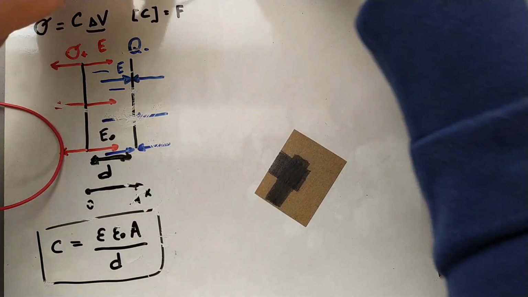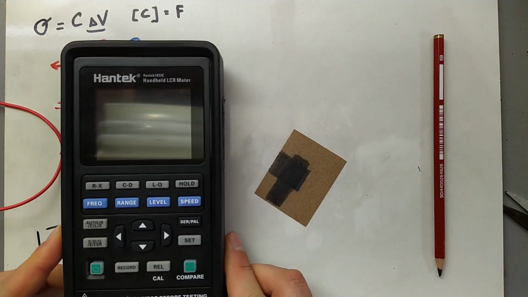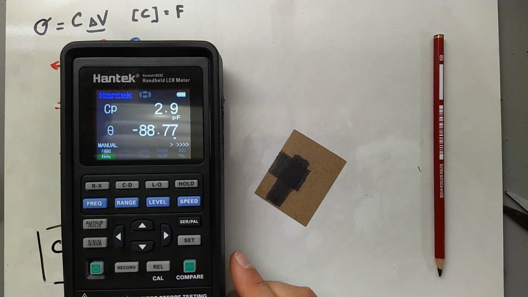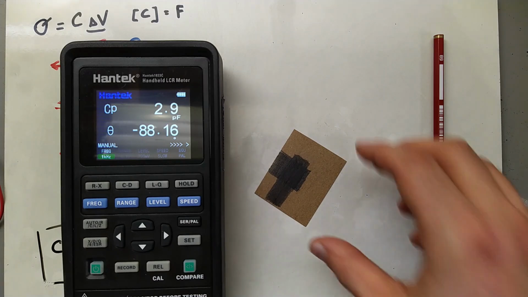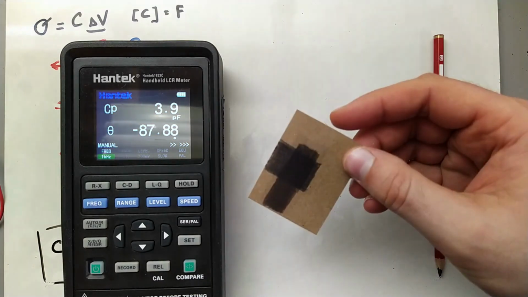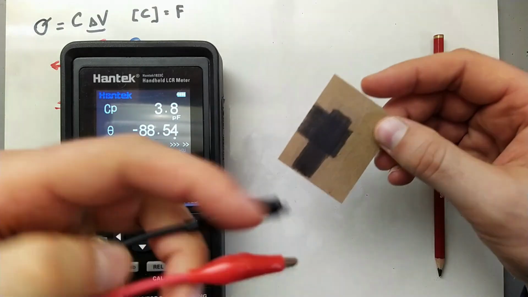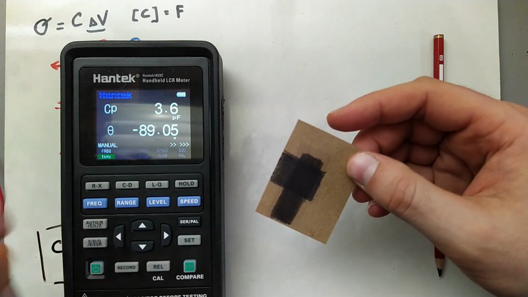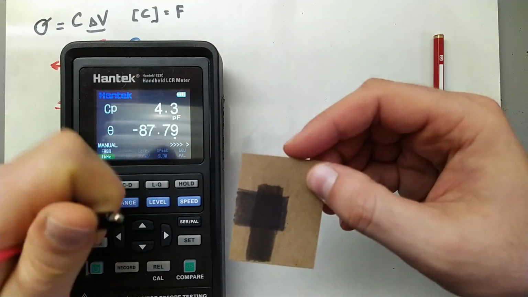So now what we will do, we will use a different instrument, which is an LCR meter. And here is our pencil drawn capacitor with scotch tape in between as an insulator layer.